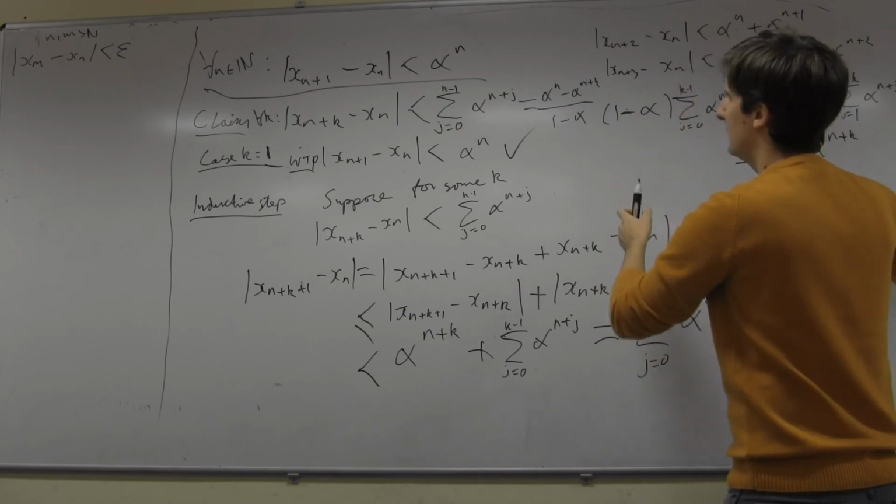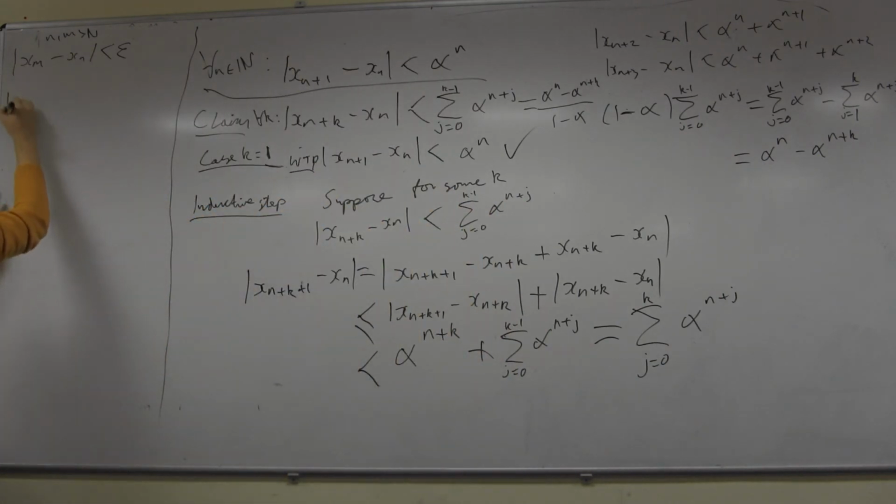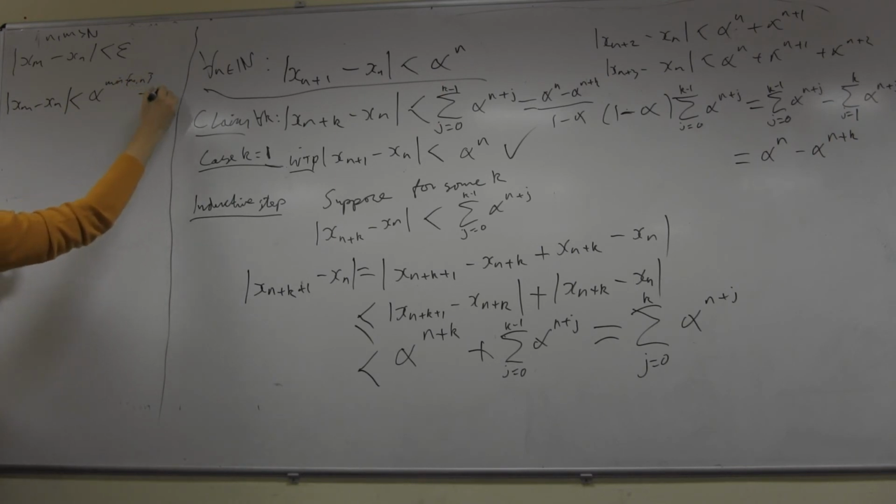So we kind of need it. Okay, so what we have effectively is that |x_m − x_n| is less than (alpha to the min(m,n) minus alpha to the max(m,n)) divided by 1 minus alpha.